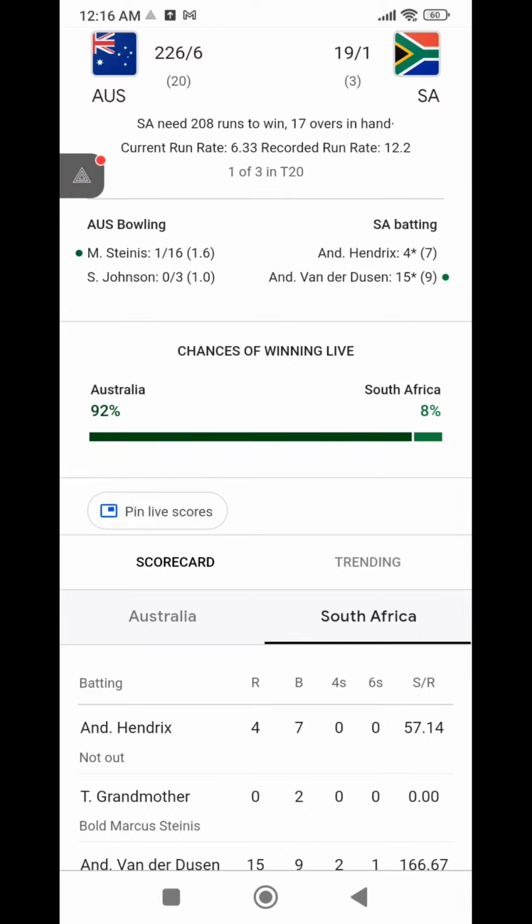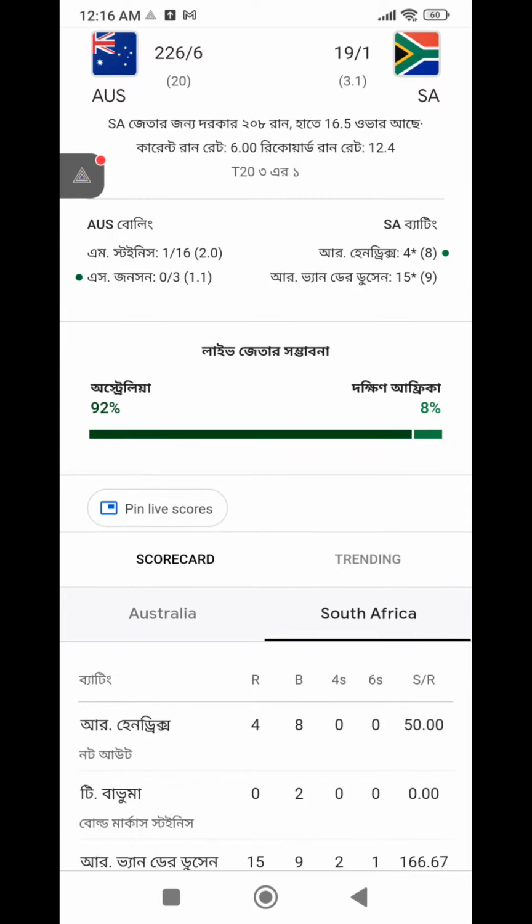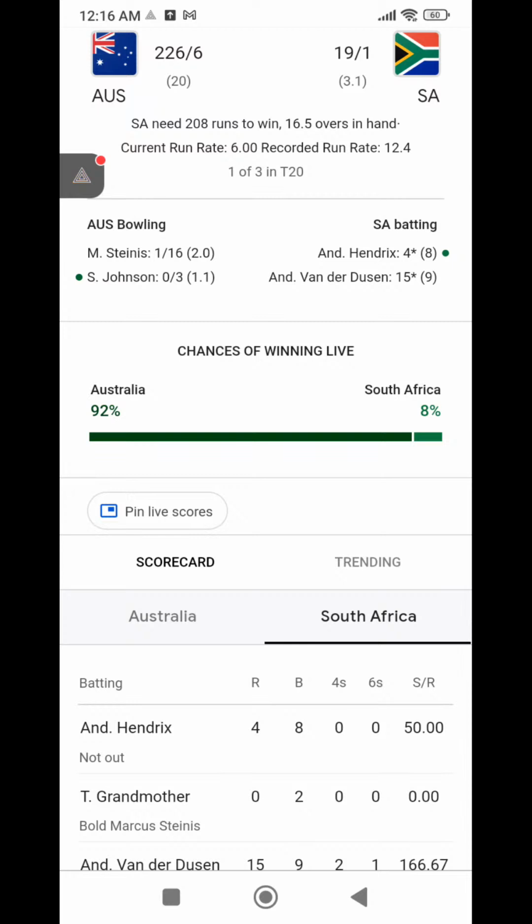The first T20 match of the three-match series. South Africa won the toss and decided to bowl first, and Australia in their stipulated 20 overs scored 226 for the loss of 6 wickets.